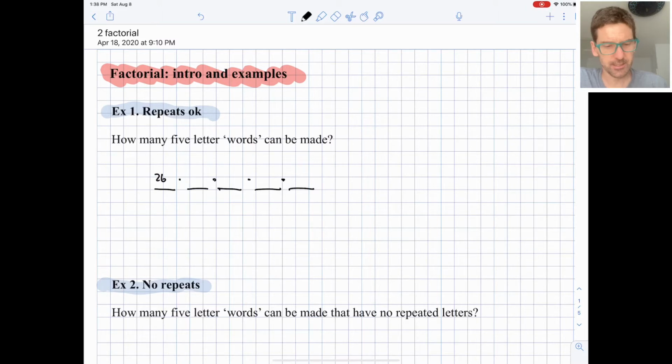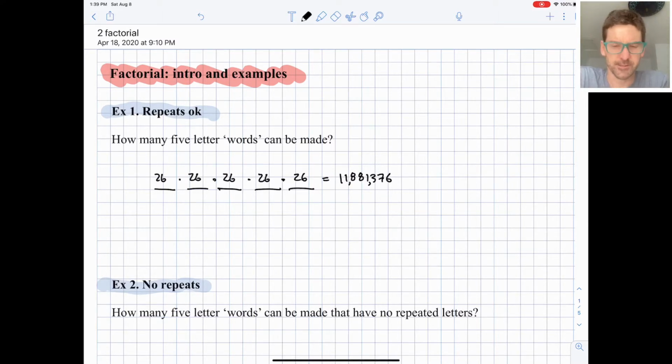Well, 26 letters, there are no restrictions going on. Okay, and so that's going to be 26 to the 5th power, which is a big number. 11,881,376. So almost 12 million possible different words.